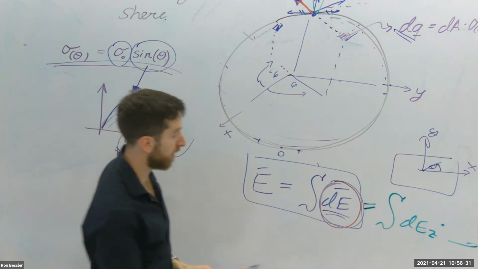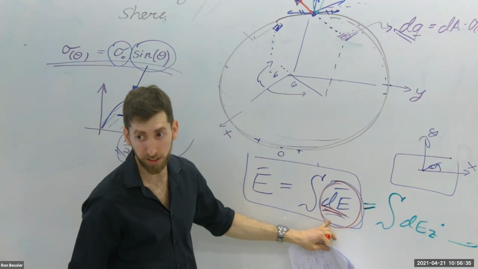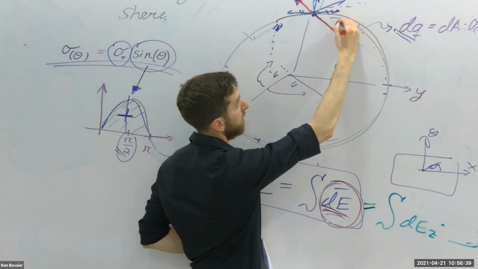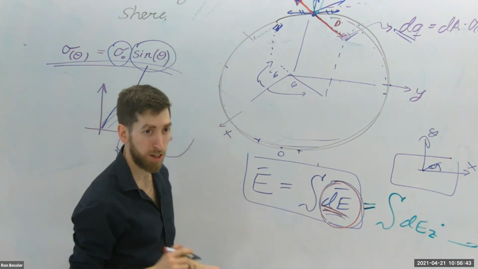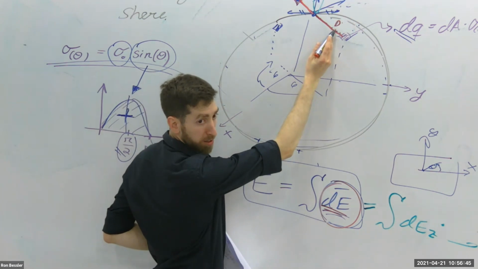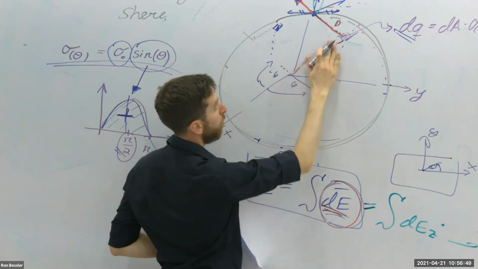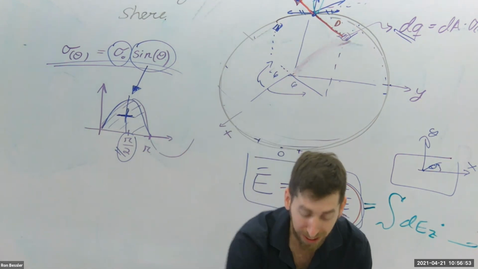What we are interested in when calculating dE is the distance, right? Where is the distance? This distance. This is d. We're looking for this d. And I can draw a triangle that can help me find this d.